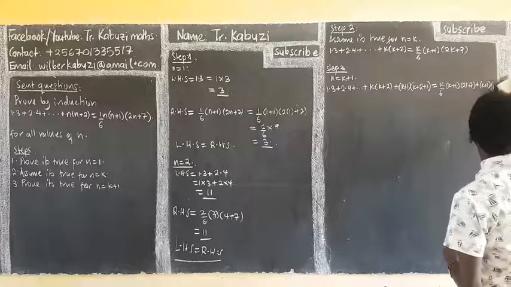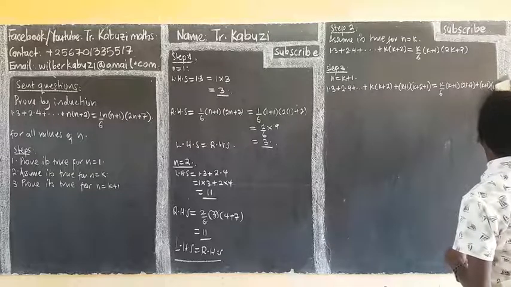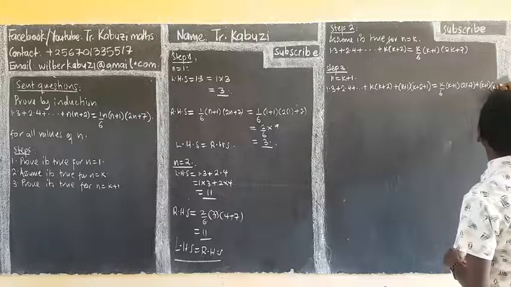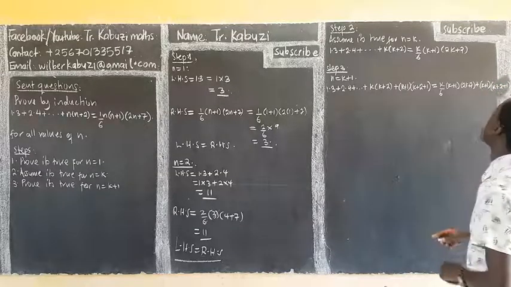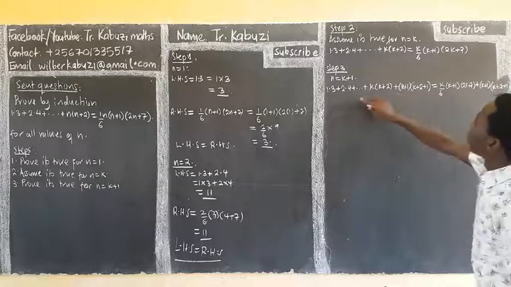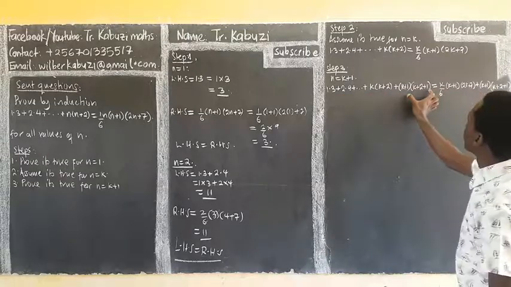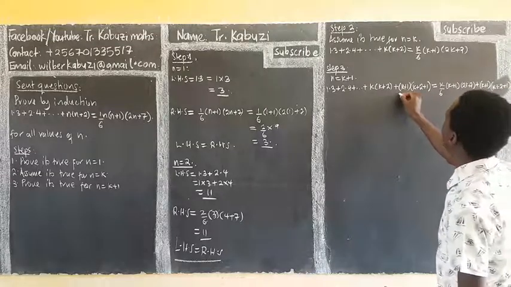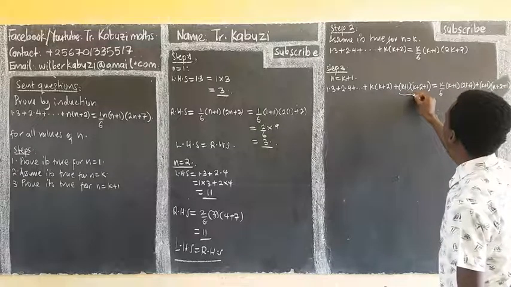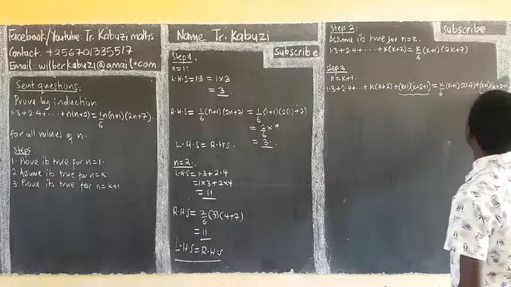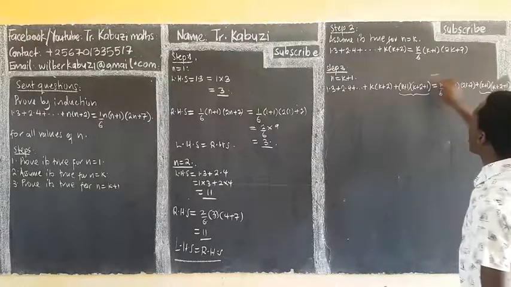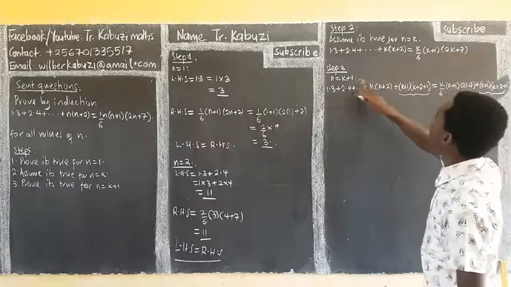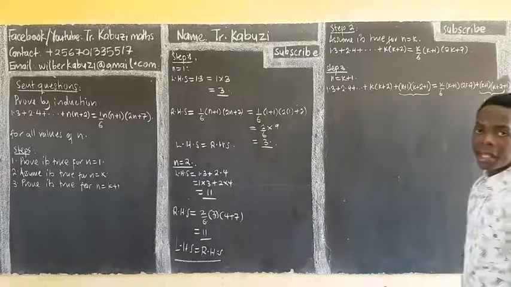Okay, let me first expand this here into k plus 2 plus 1. So now you see that for this, it was this. But because I've added this, I also add it to this side. So the only thing we've changed is adding this and also adding this. So this is the 1 term we are adding on the k terms. These are k terms, so we are adding 1 term. This we add both sides like that.